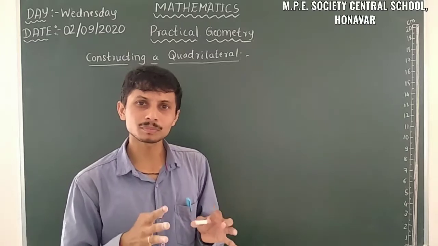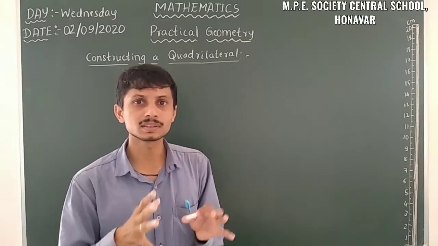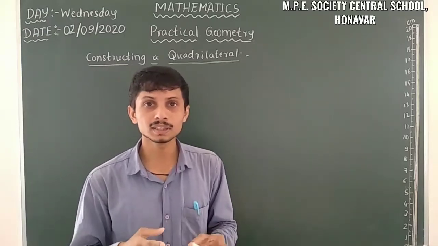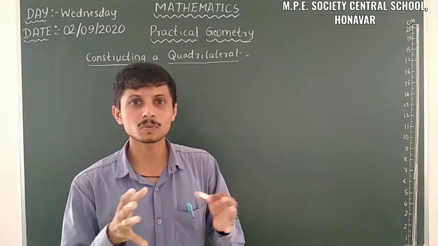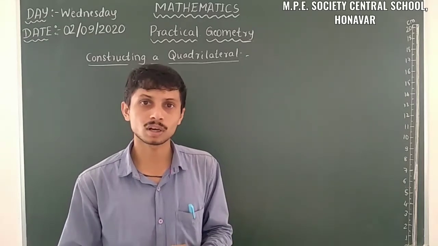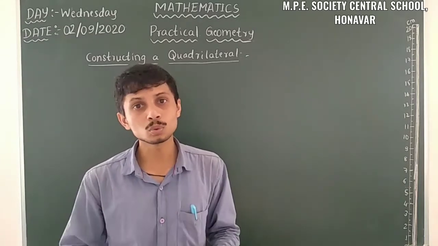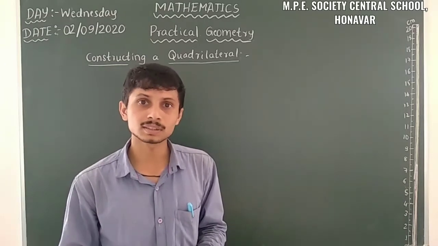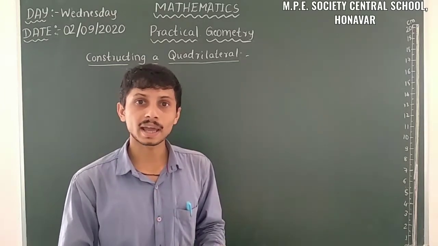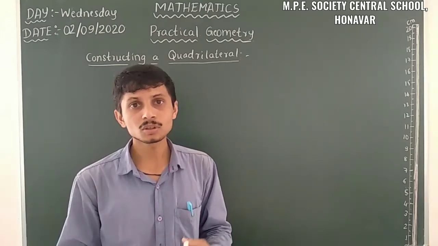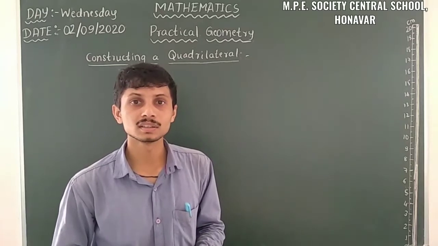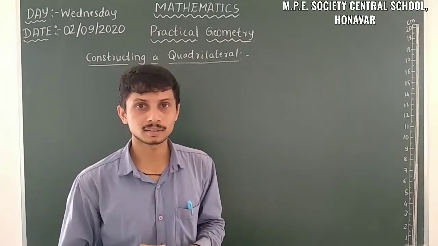That means the elements of a quadrilateral are four sides, four angles, and two diagonals. From some of these things we can construct a quadrilateral. From the four sides and two diagonals we can construct a quadrilateral. Three sides and two diagonals, or three angles and so on. So from the known things we can construct a quadrilateral.